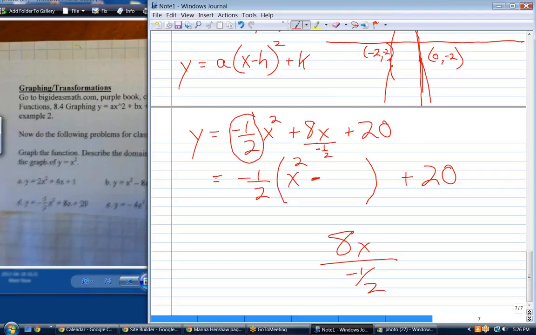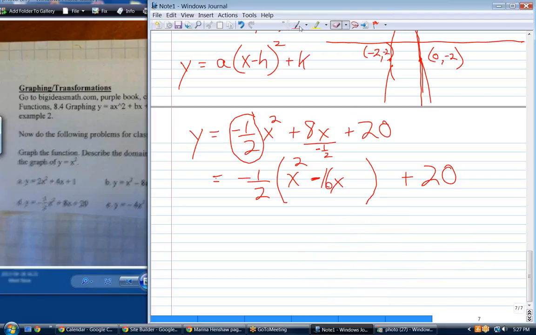Put 8 over 1. We flip the denominator and multiply. So what is this equal to? Negative 16x. Oh, yeah, negative. This is negative 16x.